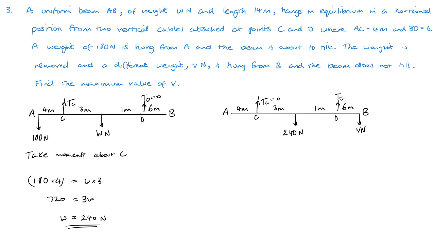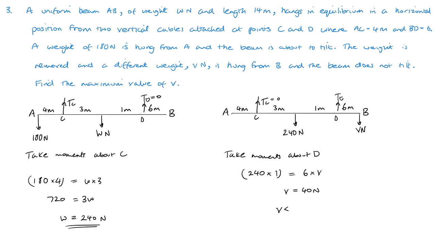So when C disappears, we're going to take moments about D. So we've got 240 times 1 going down, and then we've got 6 times V. So V equals 240 divided by 6, which is 40 newtons.